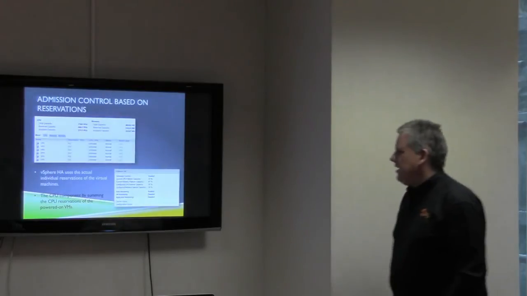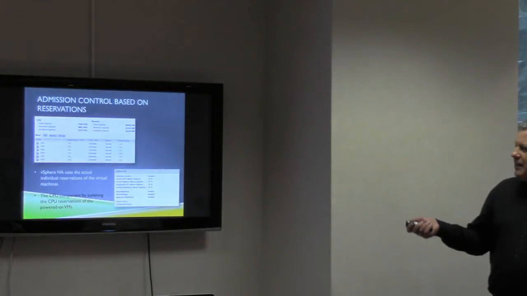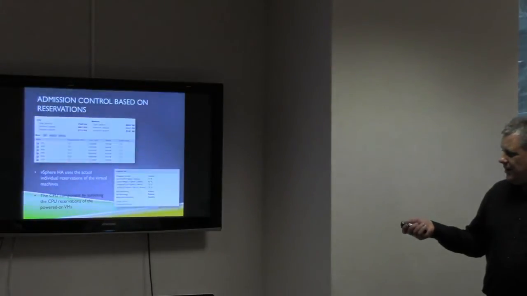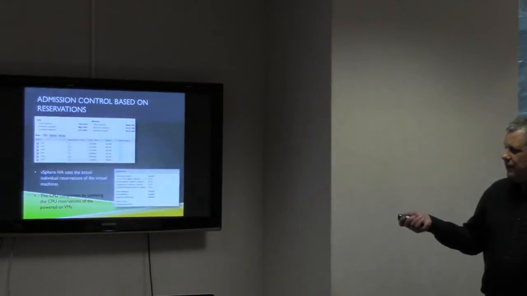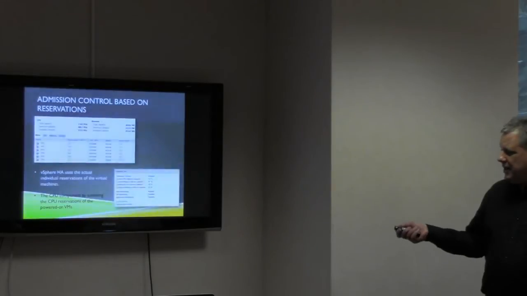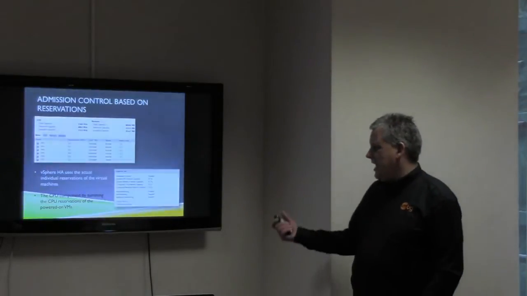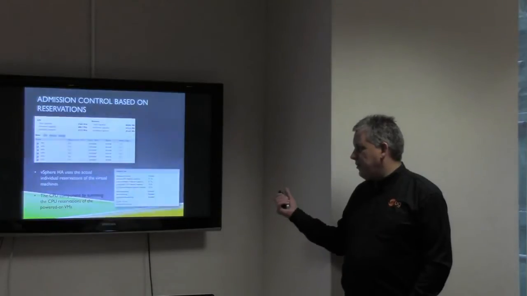Sounds a bit tricky, but what you will see is that if I have 6 virtual machines, and those virtual machines have a reservation, in this case 512 megahertz, then you will see that the current failover policy is 25%, the memory failover policy is 87%, and the virtual machines are powered on.